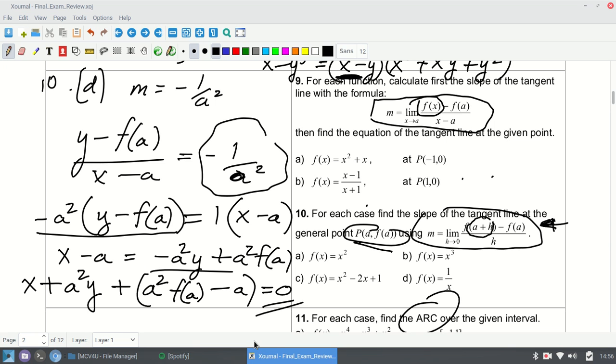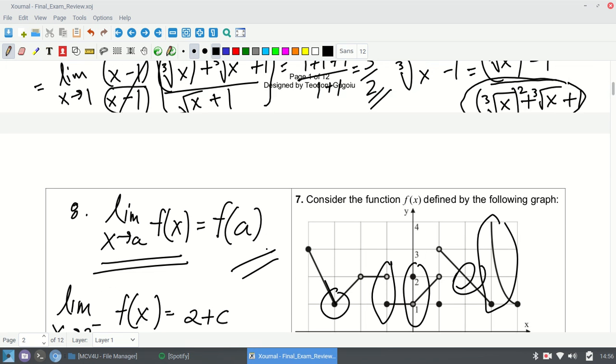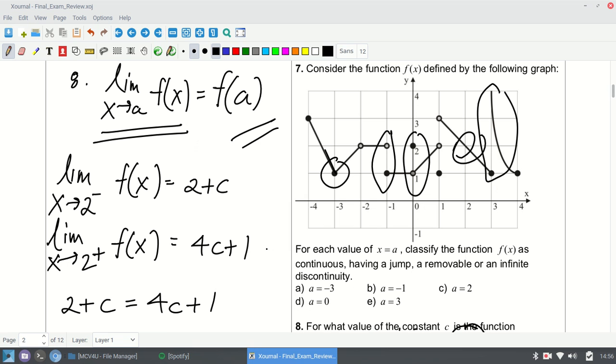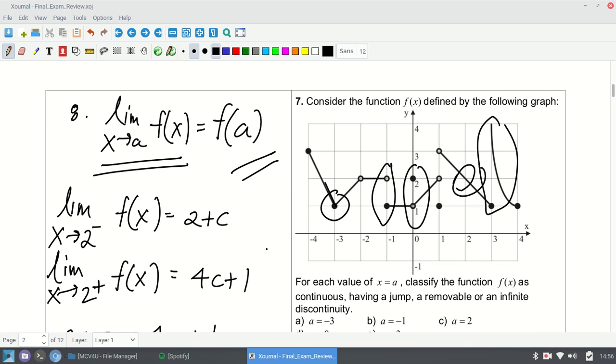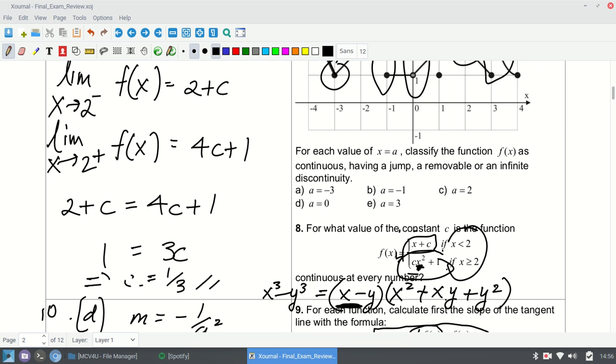And I am done. So just to recap, we did continuity, really quick continuity. We identified types of continuity, or discontinuities rather. We did an example where you have a piecewise function and we had to find the constant that made it continuous everywhere.